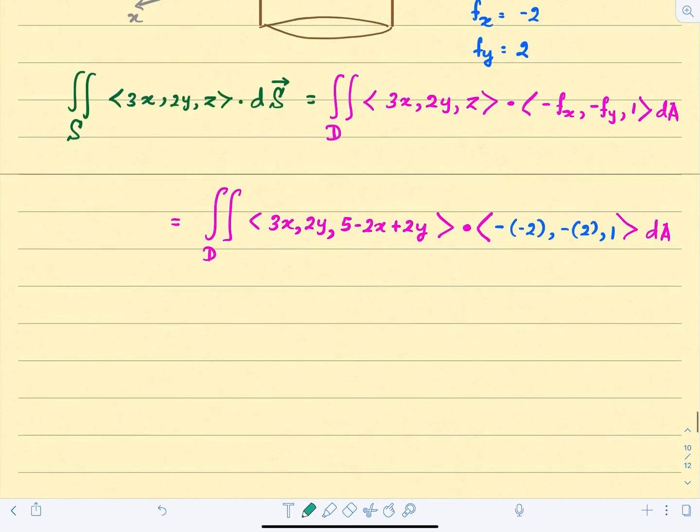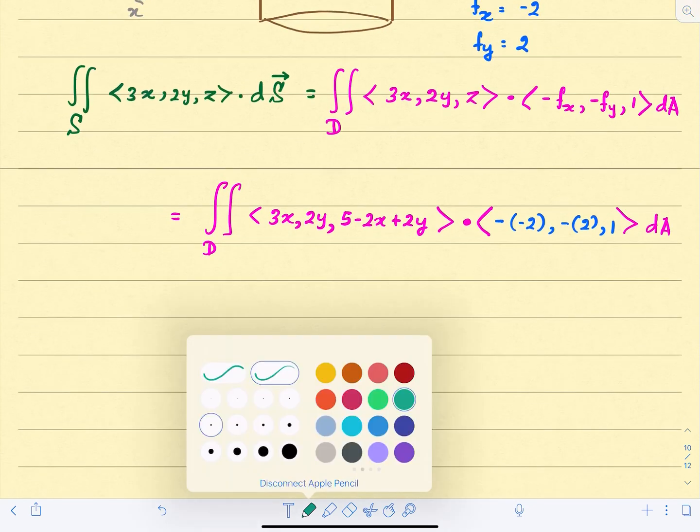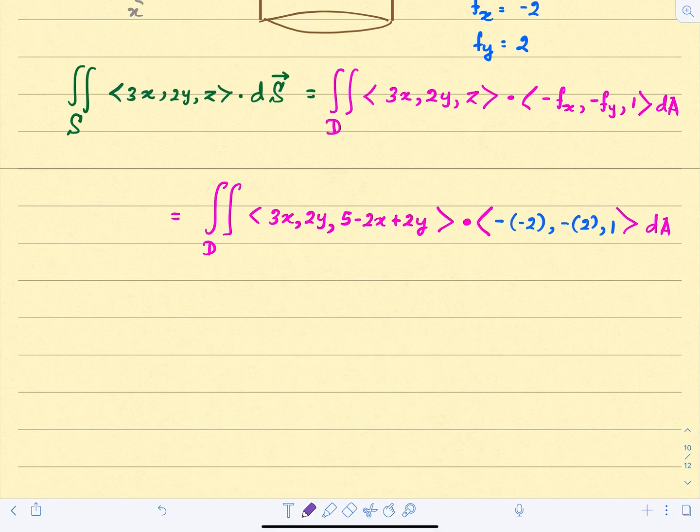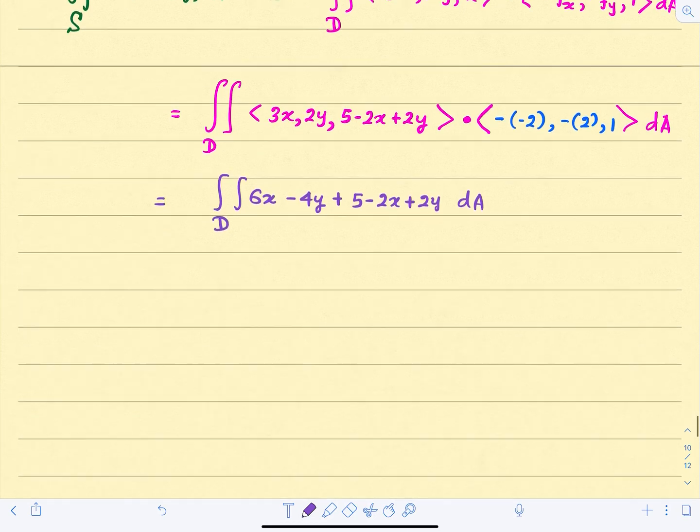Okay. Let's simplify the integrand. So this is positive 2 times 3x, which is 6x. Negative 2 times 2y is negative 4y, plus 5 minus 2x plus 2y over the domain D. Your integrand becomes 6x minus 2x, which is 4x, minus 4y plus 2y, which is negative 2y, plus 5 dA.